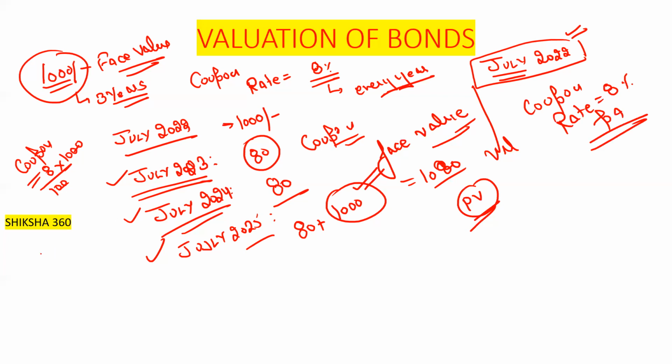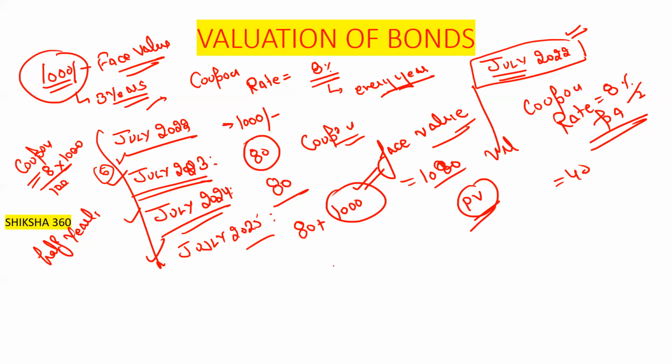Sometimes they can say half yearly, so we will divide it by 2, that is 40 rupees. Like in July 2022, after 6 months we will get 40 rupees. So as per the question given, as per the instructions given, we have to solve according to that.